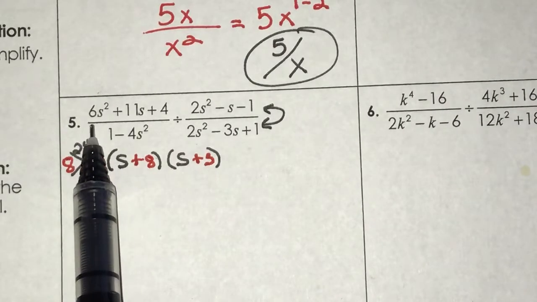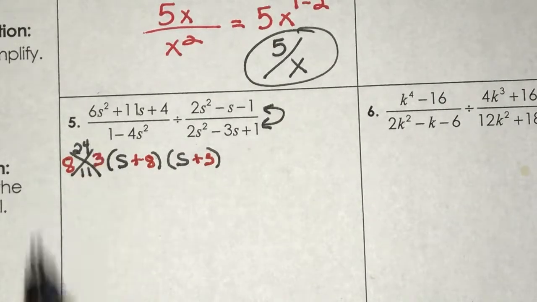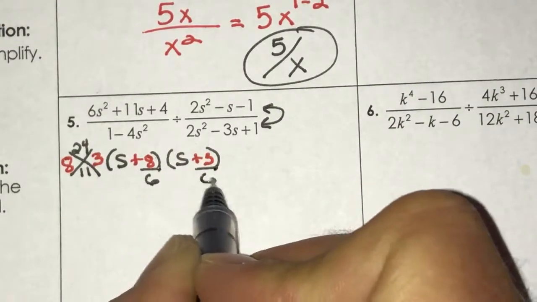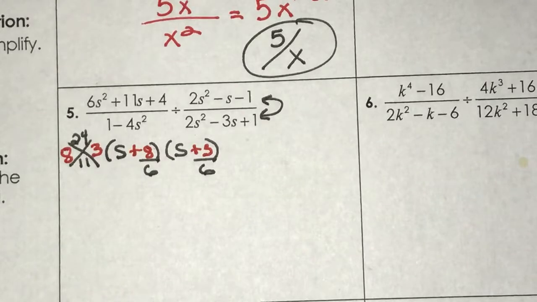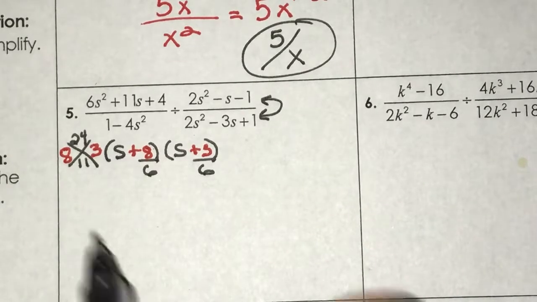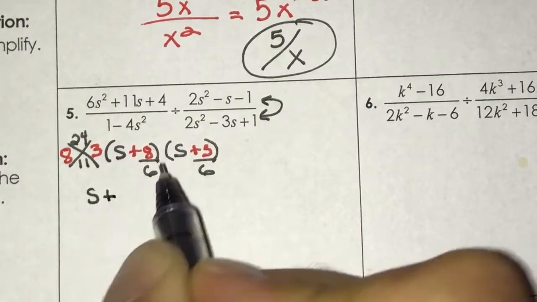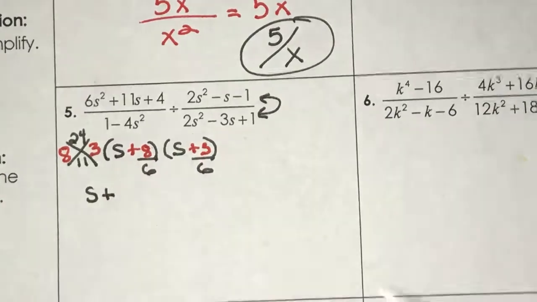But what you have to notice here is that there's a 6 in front, so that needs to be divided out. So now you have s plus. What divides out of 8 and 6?